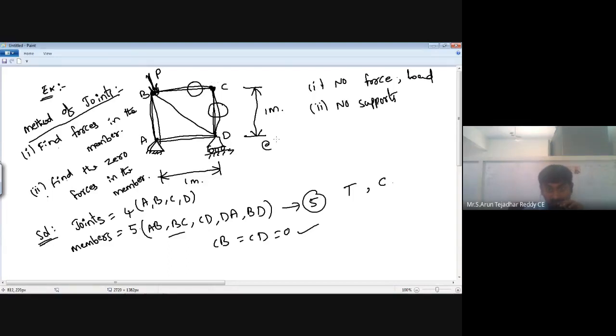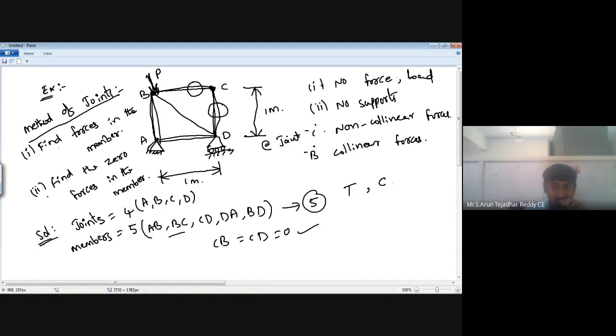Here at joint C, we can say it is non-collinear forces. If you take joint B, it is collinear forces.